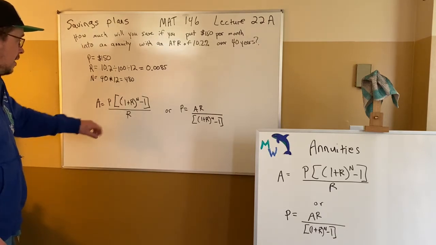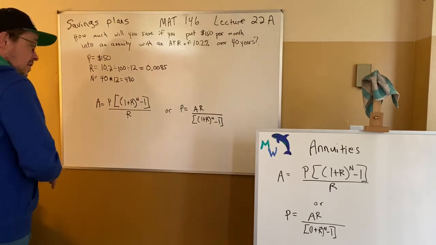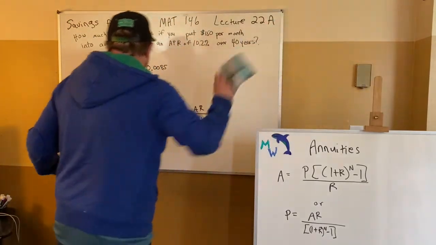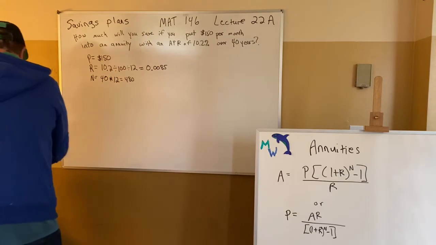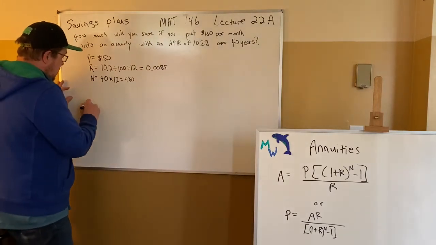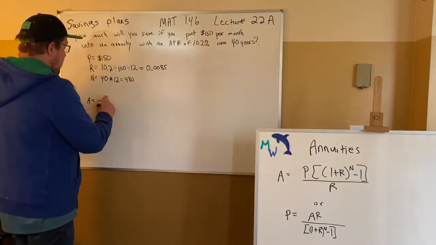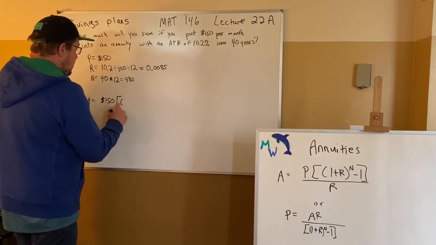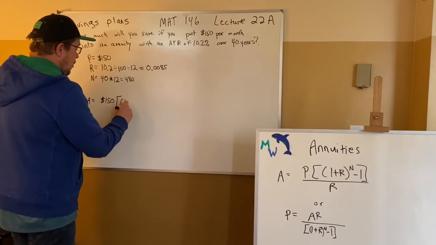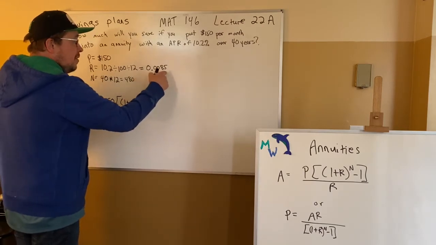Now let's put that to work right here in this one. So I'm going to take down the formula. We're going to use it. We're going to make a determination on our calculator to what it equals. So it's A equals, P is $150, parentheses inside of a bracket, and there I have to go with 1 plus 0.0085.